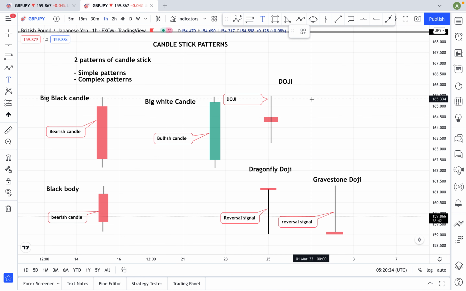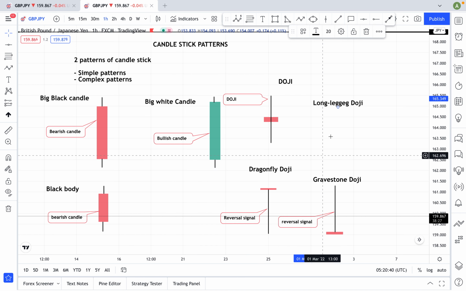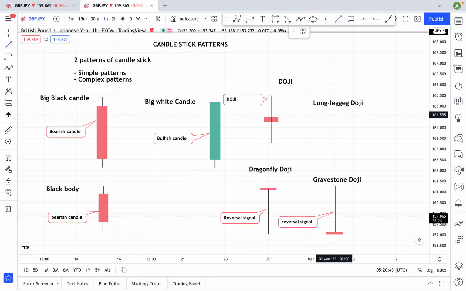So again, we have the long-legged doji. Let me draw this out for us, and then we have just this.